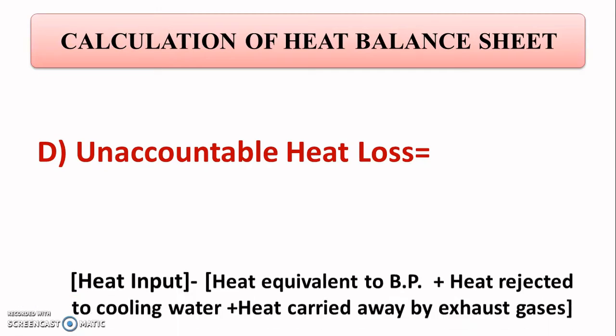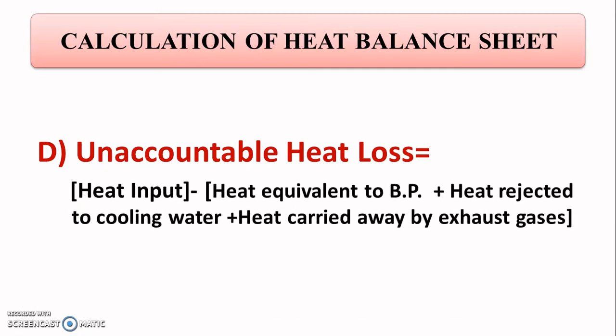And unaccountable heat loss can be calculated by the formula heat input, means heat supplied by the fuel, minus the sum of heat equivalent to brake power plus heat rejected to cooling water plus heat carried away by the exhaust gases. So from this formula, we will get unaccountable heat loss.